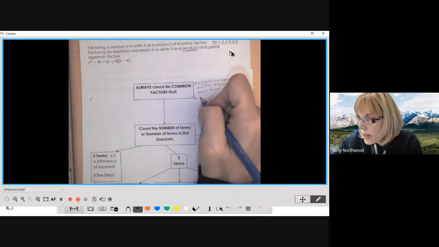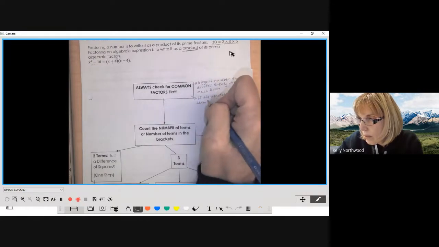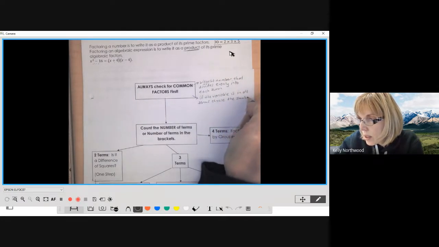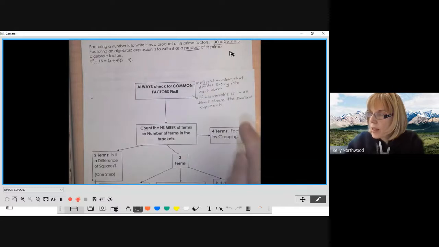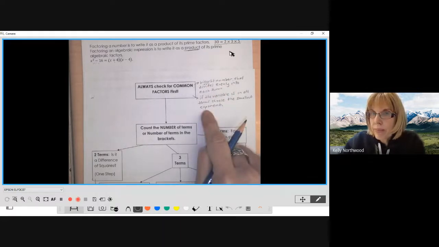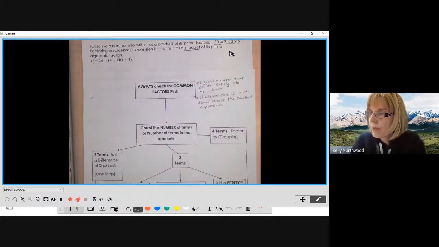And for the variables, if the variable is in all terms, choose the smallest exponent. So that's how you determine the greatest common factor. To figure out the number part, it's the biggest number that divides evenly into all the terms. To get the variable part, you can only choose the variable if it's in all of the terms, and if it is, you choose the smallest exponent on that variable. Okay, so that's how you get the greatest common factor.